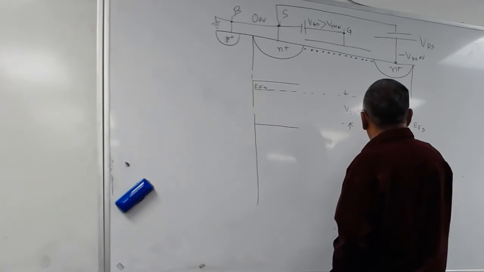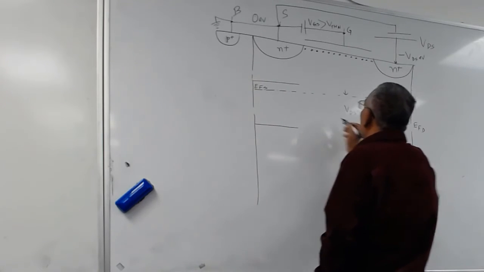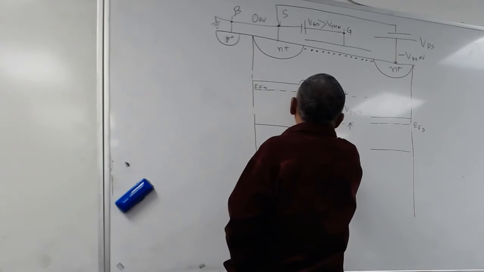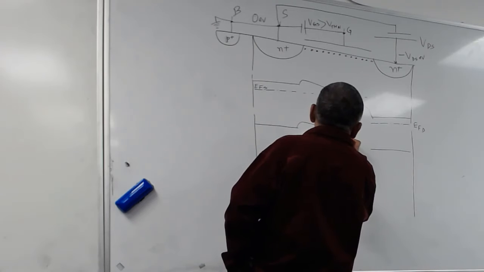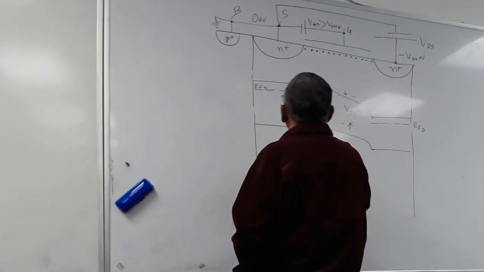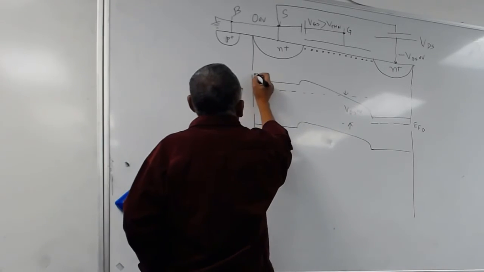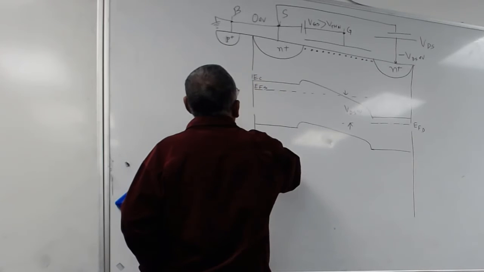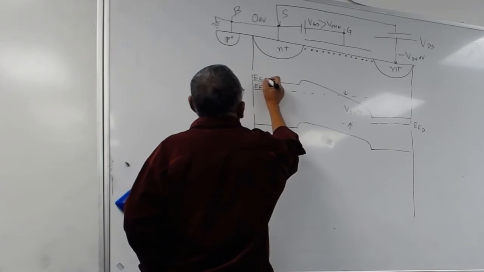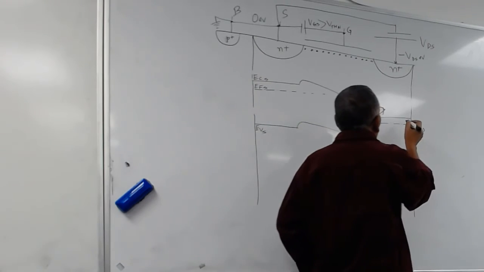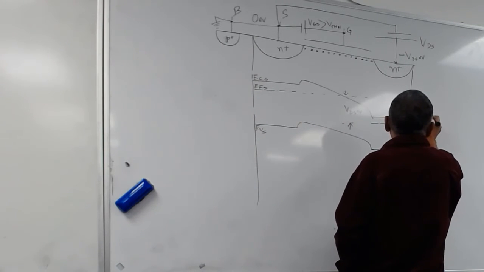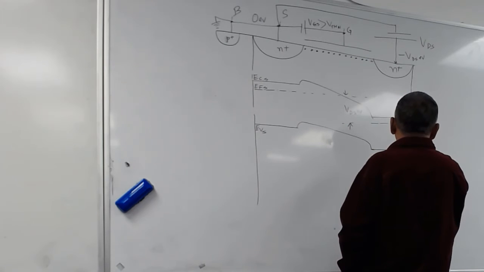Make the same gap, and then it will go down like this. This is your EC in the source, EV in the source. This is your EC in the drain. This is your EV in the drain.